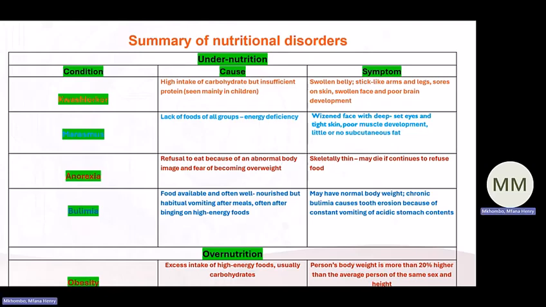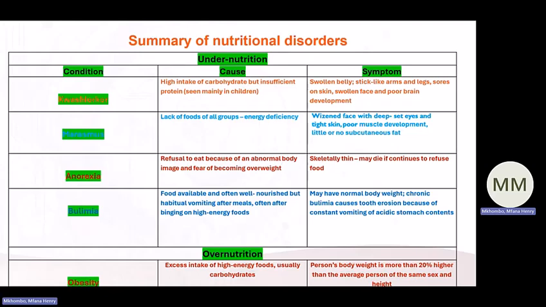One is denying oneself food. Symptoms may include normal body weight. Chronic bulimia causes tooth erosion because of constant vomiting of the acid from the stomach contents. We also have another nutritional disorder, that is overnutrition, which results in a condition known as obesity.